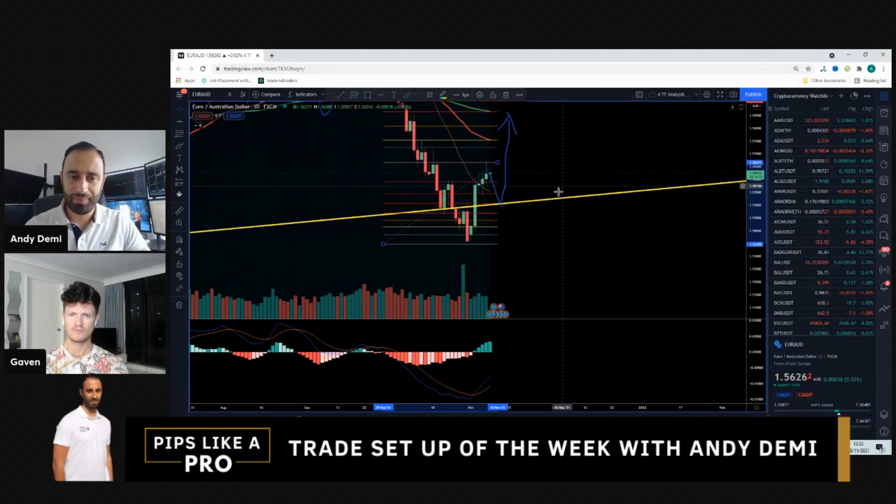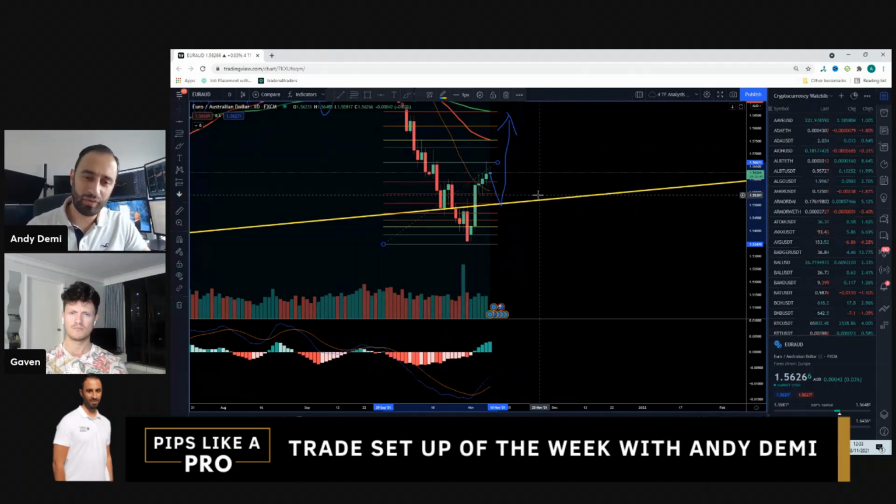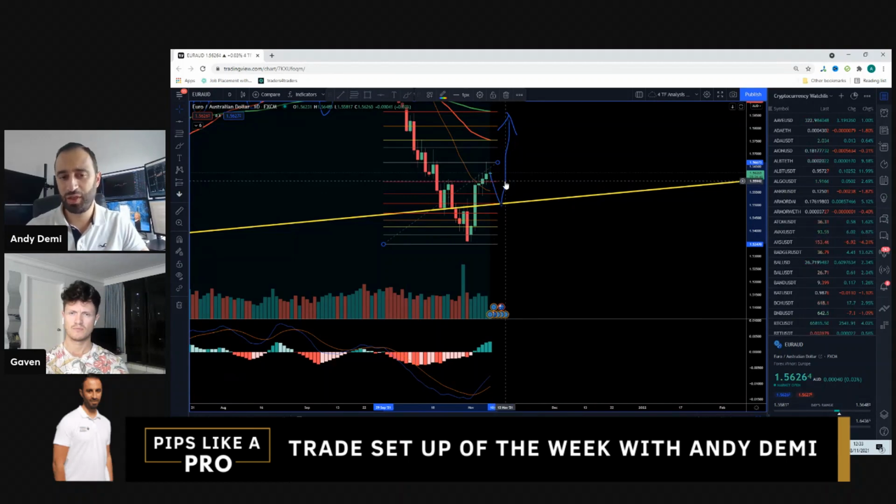And you can see that this here is what's called a super shallow pullback. Okay, we don't want to buy this here. We want to ideally wait for a pullback to at least the first red line, which is the 38.2 Fibonacci retracement. And ideally, it would be great if we can get it at the 50 or even at the 618.